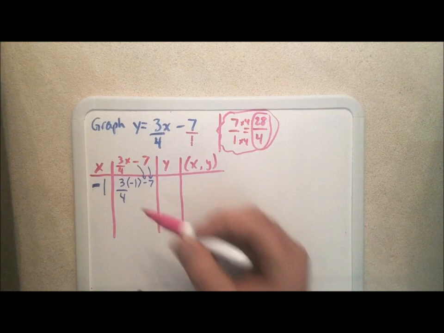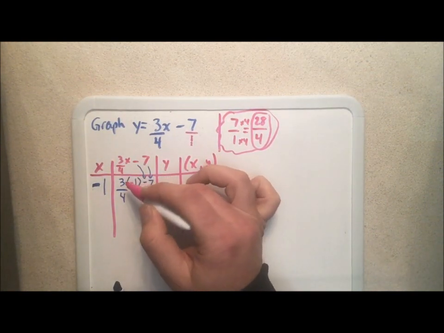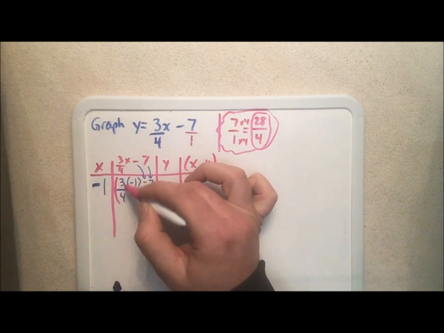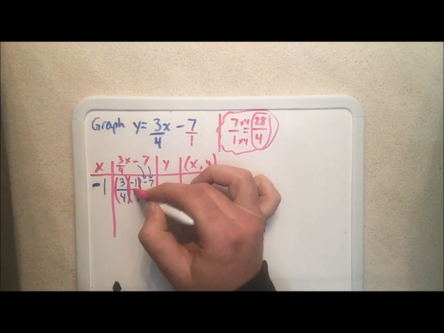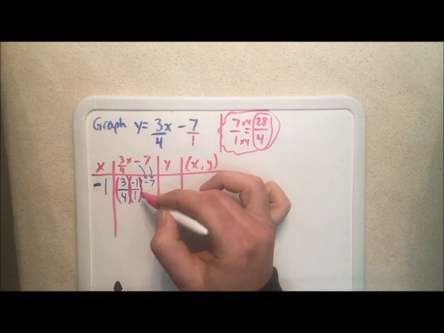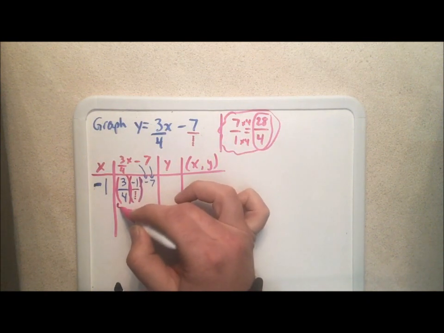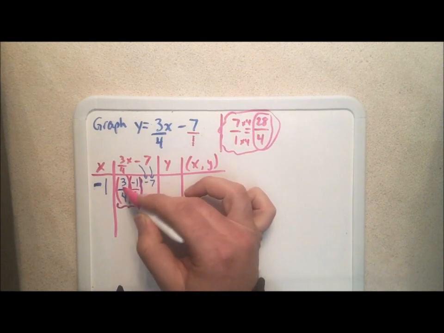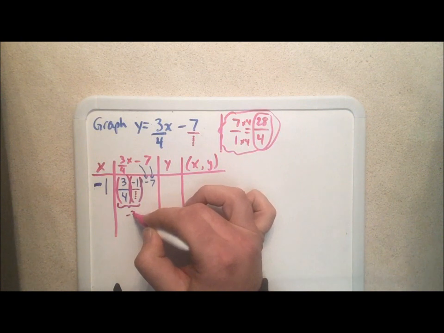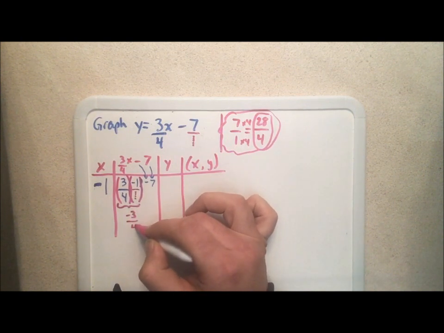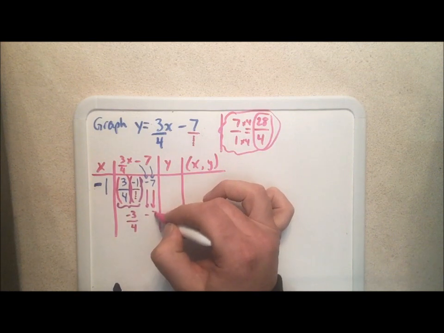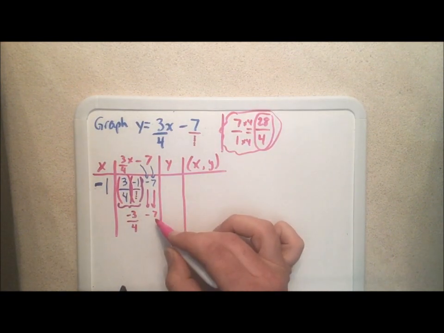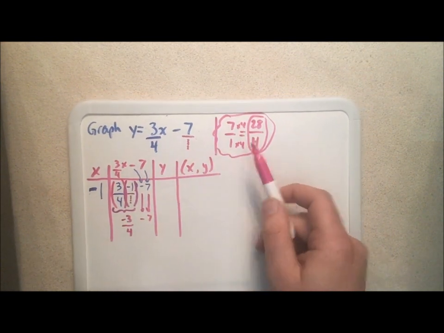And that comes down, and that comes down. Now I just want you to see what's really going on here. This really is saying 3/4 times negative 1, and negative 1 is over a 1, like an invisible 1. So we really have a case of fraction multiplication. 3 times negative 1 is negative 3. 4 times 1 is 4. Trickle down, trickle down. But then I have to deal with this, and this is where I come back to what I said earlier.